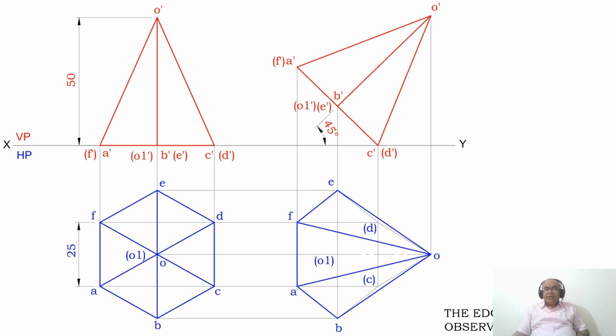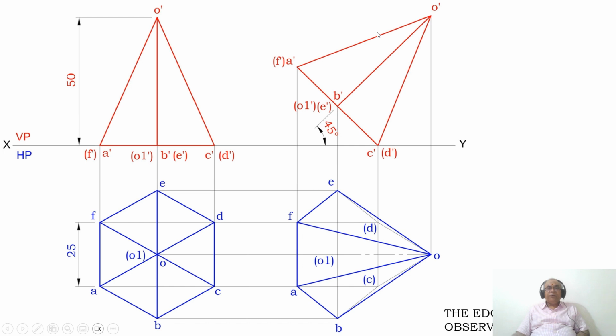The edge nearer to the observer is visible. Which is the edge which is near to the observer? O dash, A dash, F dash is the triangular face which is near to the observer.